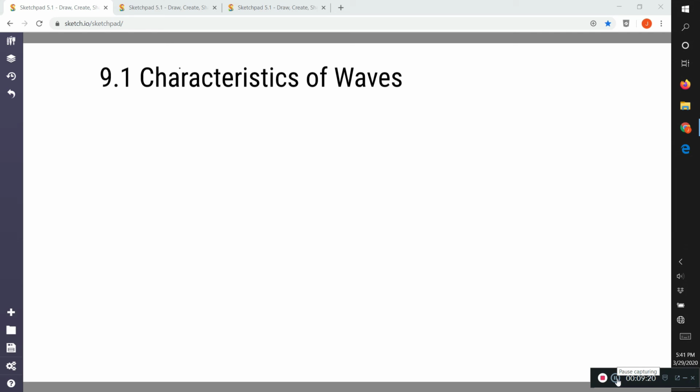Now, let's talk about a few types of waves that we're used to seeing and categorize them as transverse or longitudinal. So, one type of wave is your typical ocean wave or any kind of water wave. Those would be transverse.